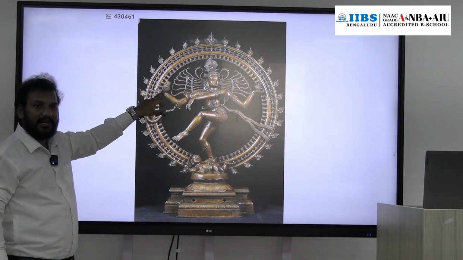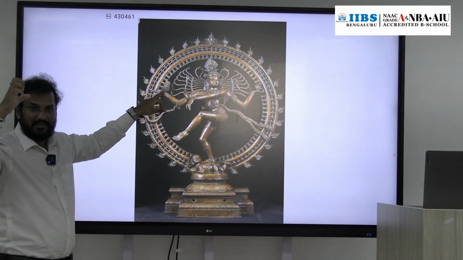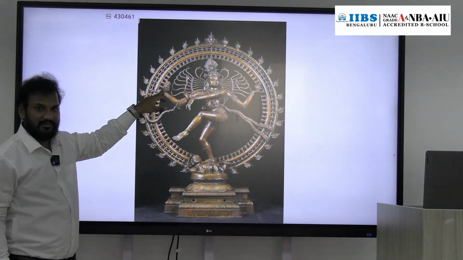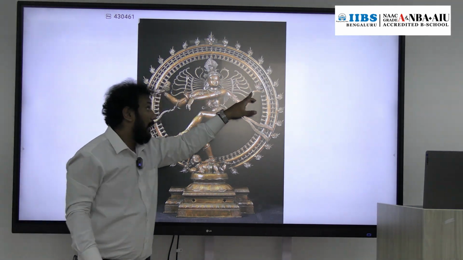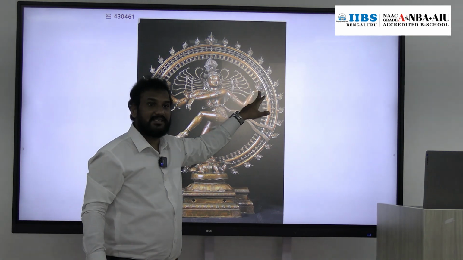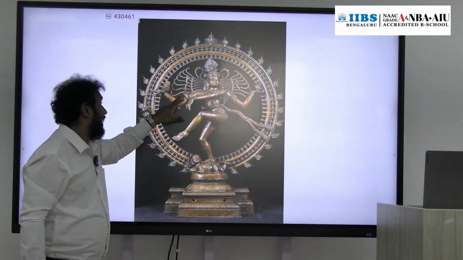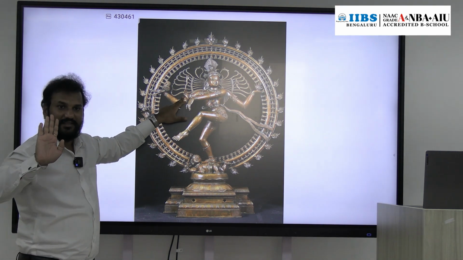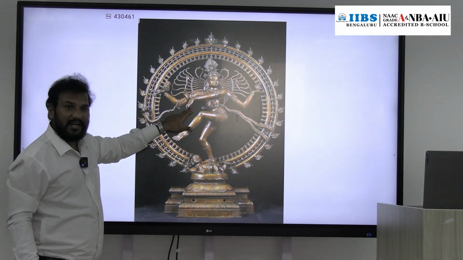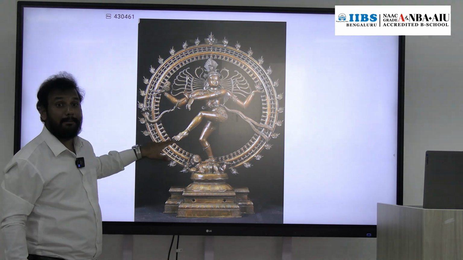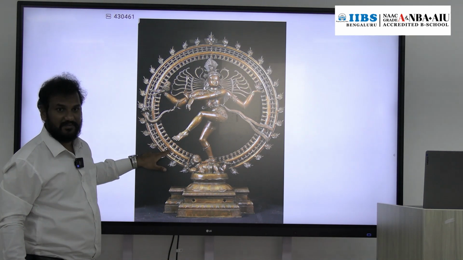The upper right hand holds the Damru, which shows creation, the Om sound. The upper left hand holds fire, which symbolizes destruction. The lower right hand shows Abhaya Mudra, not to fear. The left hand shows the direction of the path of salvation.